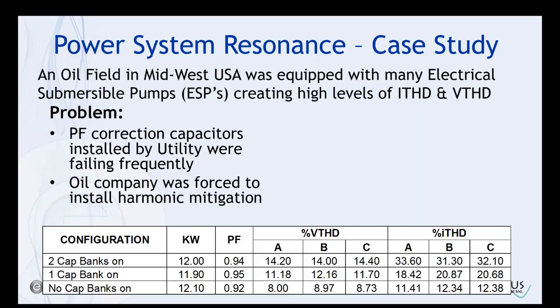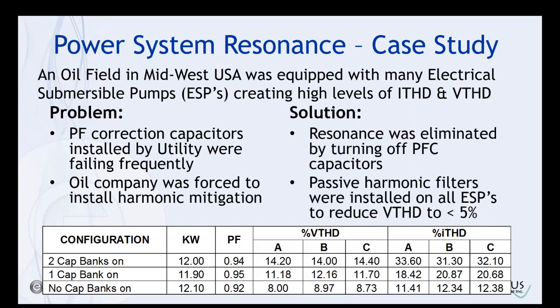So we convinced the utility to permanently disconnect their power factor correction capacitors, and the oil company ultimately put in harmonic filters to address the harmonics still present on the power system, and lowered the voltage distortion levels very comfortably below the 5% required by IEEE 519.